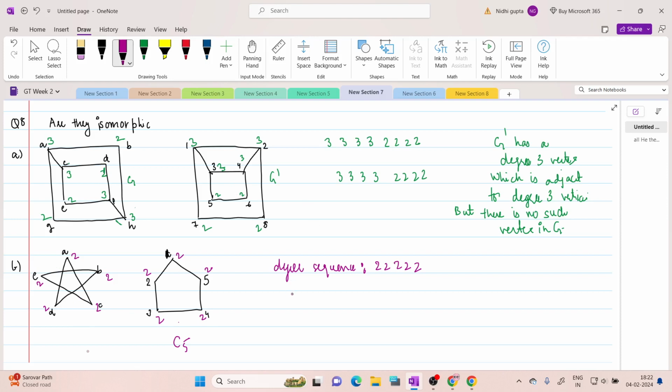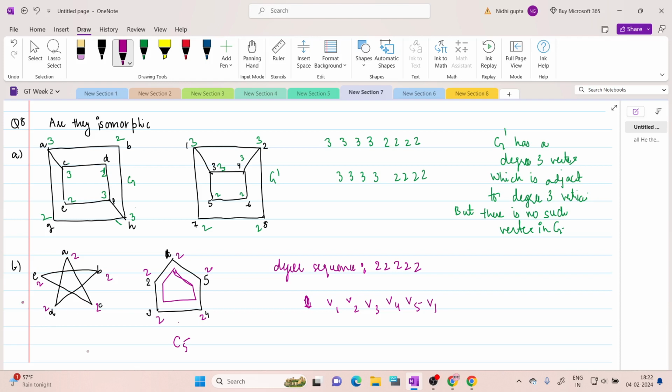So this one has a cycle of length 5, which is given by v1 v2 v3 v4 v5 v1. So this is the cycle. If the other one is isomorphic to this, first of all it should be a cycle, so you have to give me a cycle of length 5.